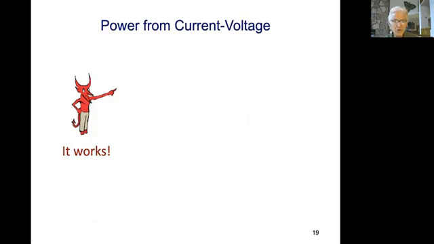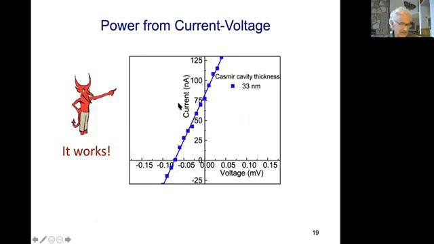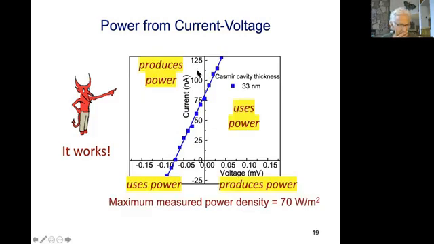So let me show you the way that we measure this. This is measuring the current as a function of voltage. So this is the current, and this is the voltage. And we're getting out about, in this case, about 75 nanoamps, at a voltage of almost 1/10 of a millivolt. And the way that we can tell that we're getting power is this is the sort of current-voltage measurement that's also done for solar cells.